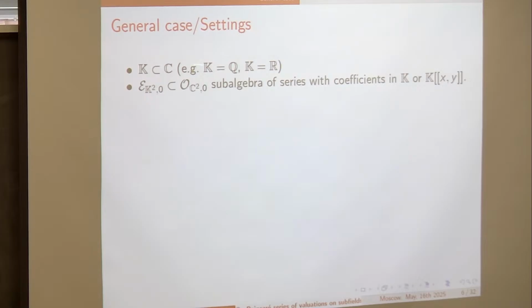We take the subalgebra of convergent functions in two variables, but with coefficients in k. Alternatively, you can consider the ring of formal power series. It's the same, because most of the things depend only on a finite number of truncations. So this is not relevant.